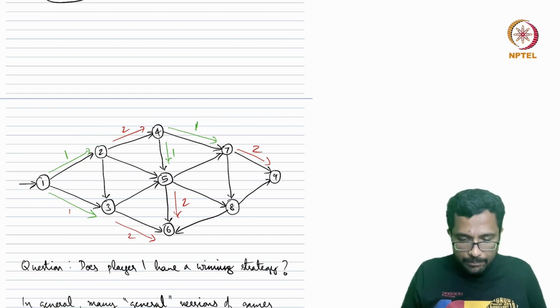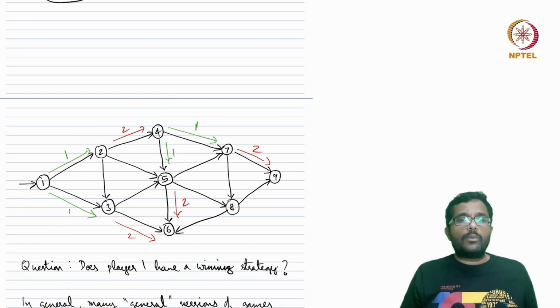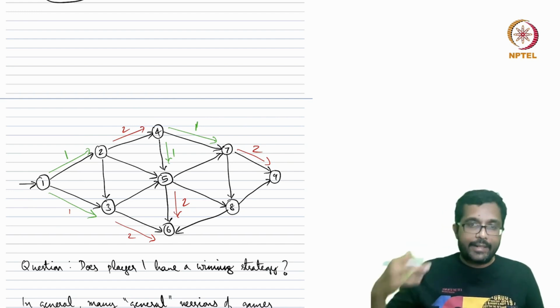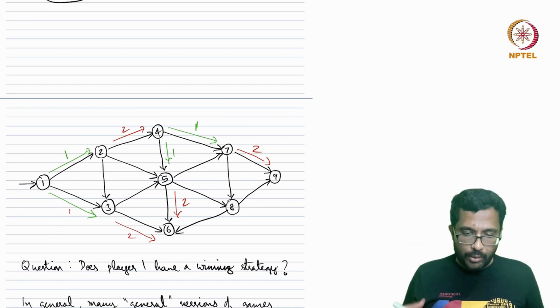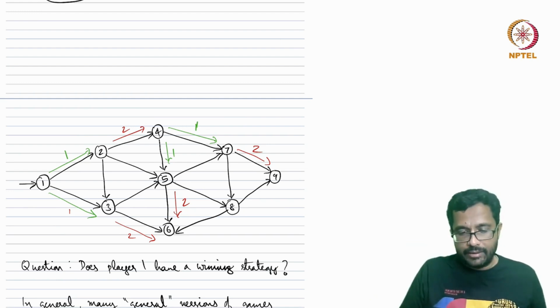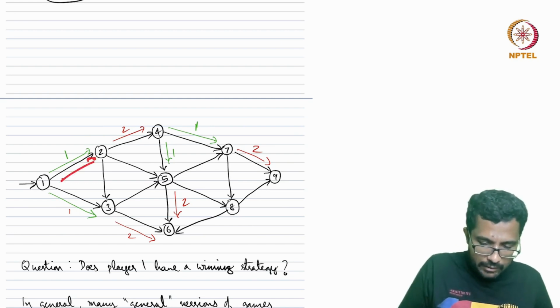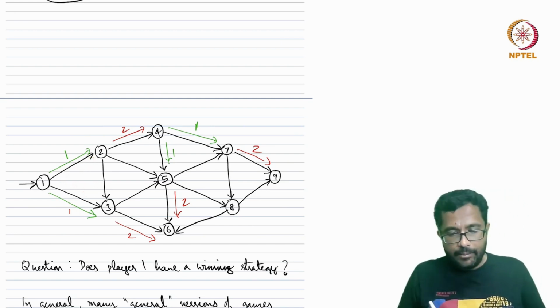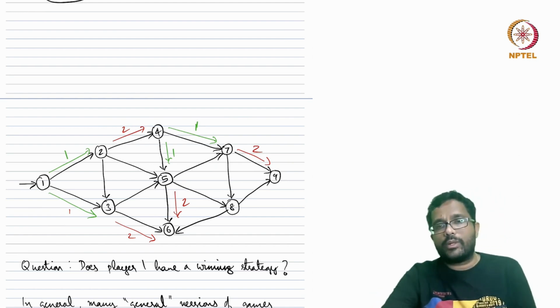This is a simple game that is easy to describe. Here there is a strategy for player 2 to always win. Whatever the first move that player 1 makes, either this or this, player 2 has a response by which eventually he will corner player 1.